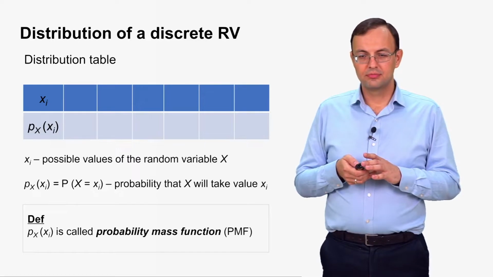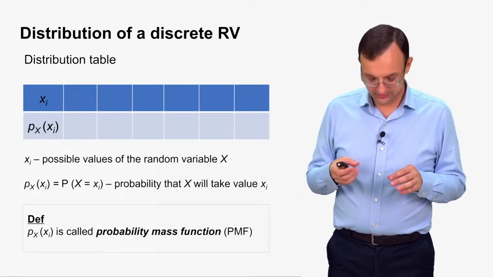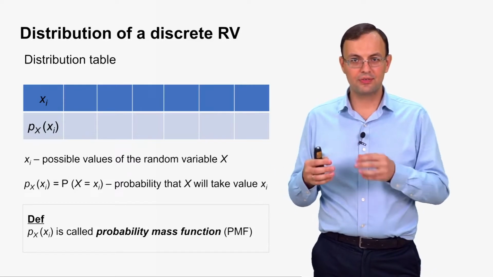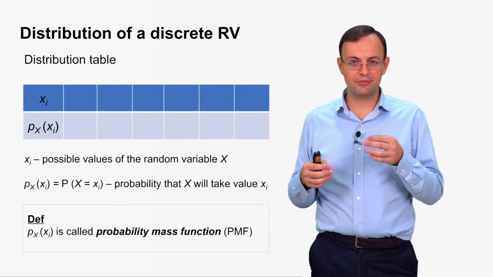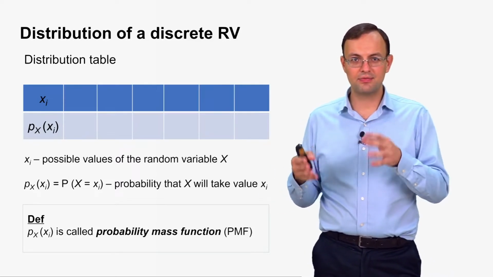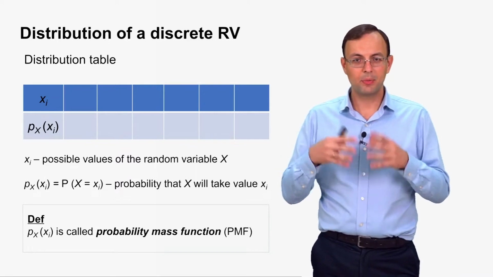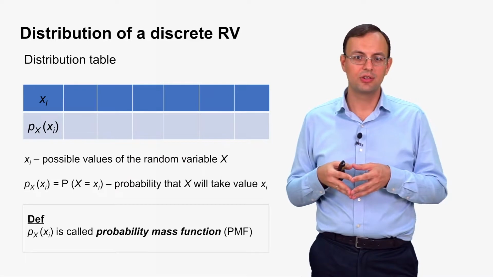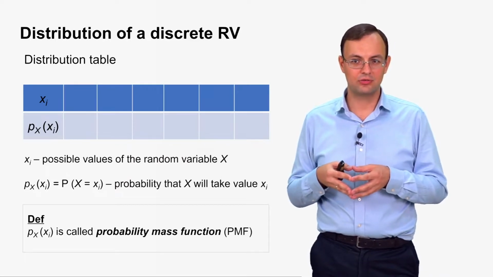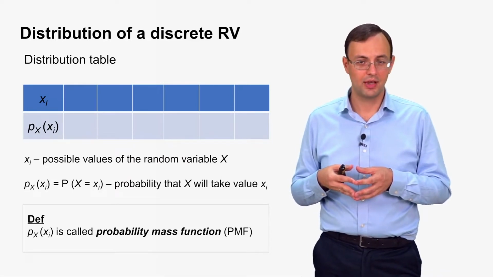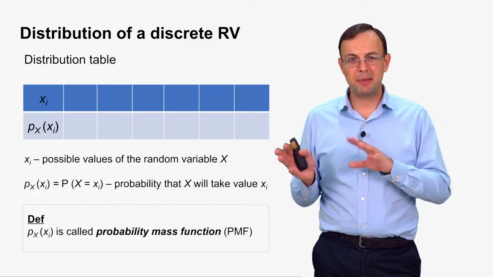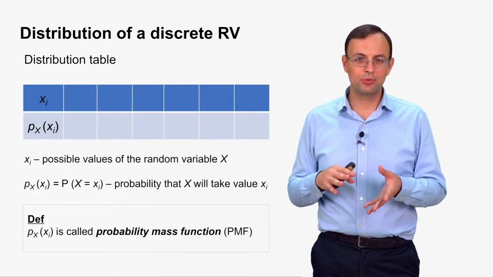Sometimes this function that returns, for every possible value of a random variable, the probability to take this value, a function of this kind is called a probability mass function, or PMF. You should know that it depends on the textbook you are using.